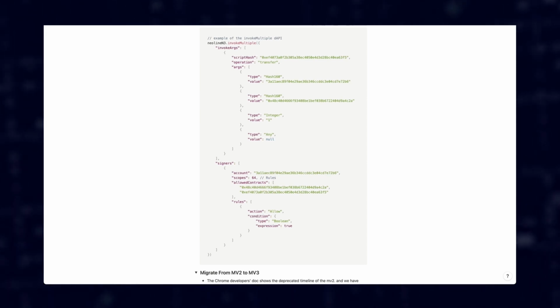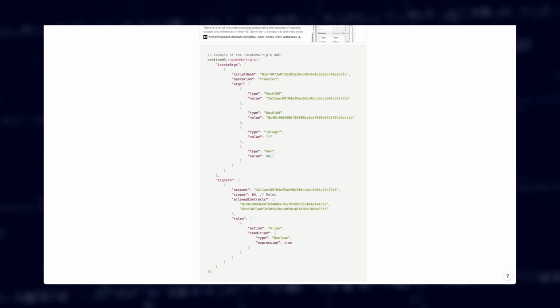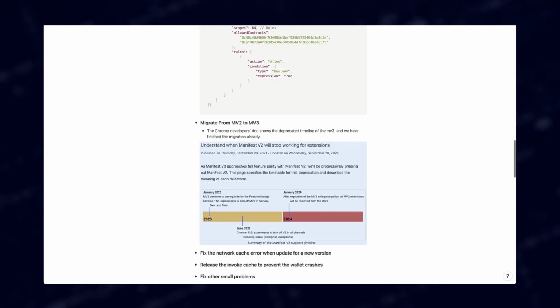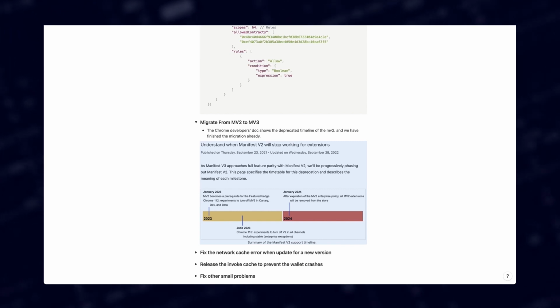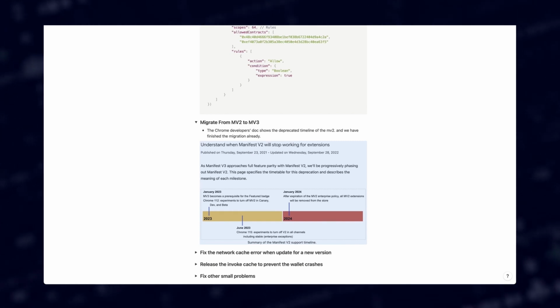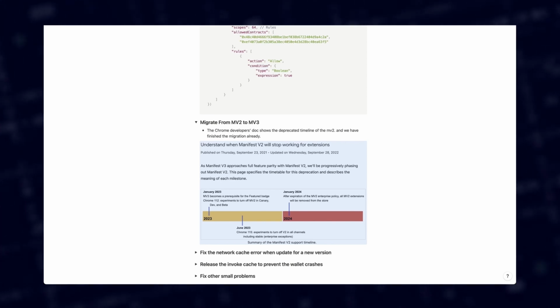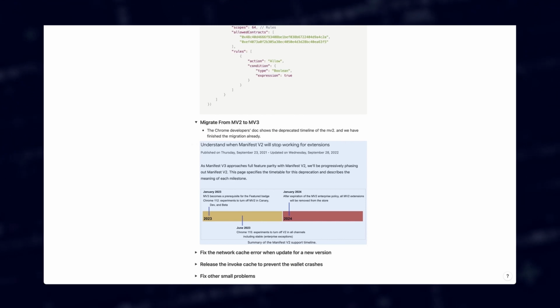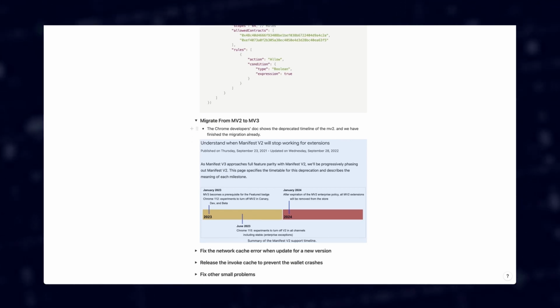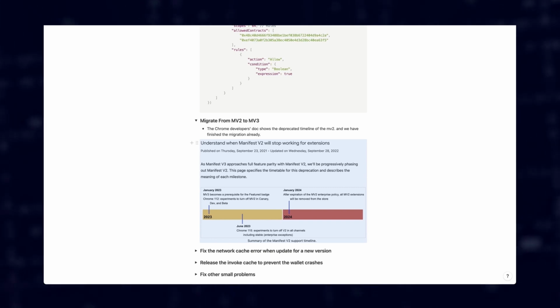We have also migrated the wallet extension from MV2 to MV3. The doc shows the deprecated timeline of the MV2. The picture here is the summary of the MV2 sunset timeline. And we fixed some cache errors, crashes, and minor updates.